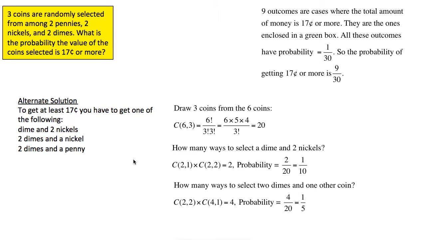So to sum up, we have just determined that the probability of this case right here, a dime and 2 nickels, is 1/10, and the probability of the other 2 cases rolled together is 1/5. So let's put it all together. These cases all put together determine all the cases where the value of the coins that we have drawn is 17 cents or more.